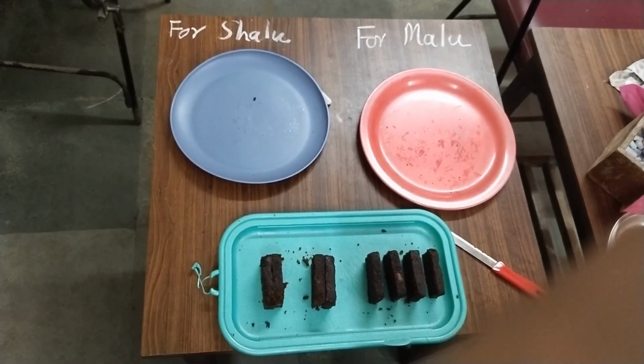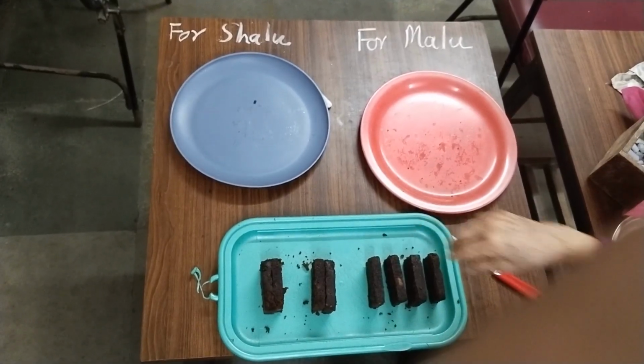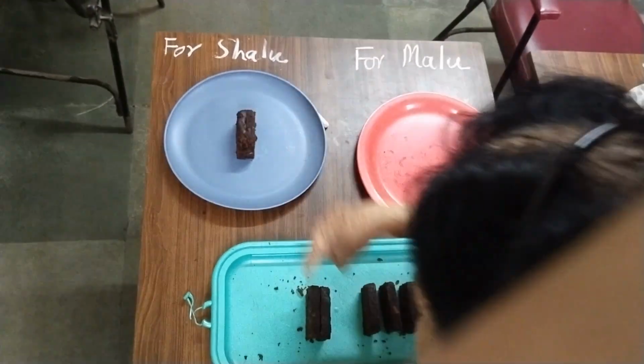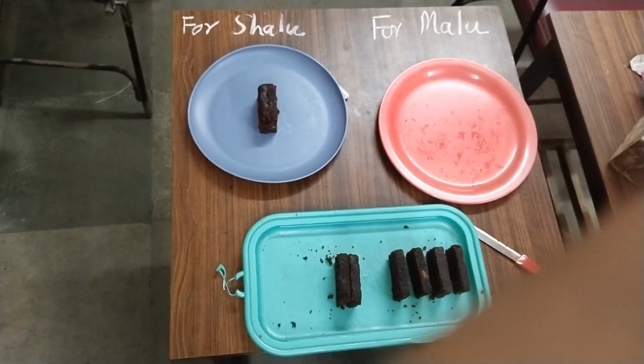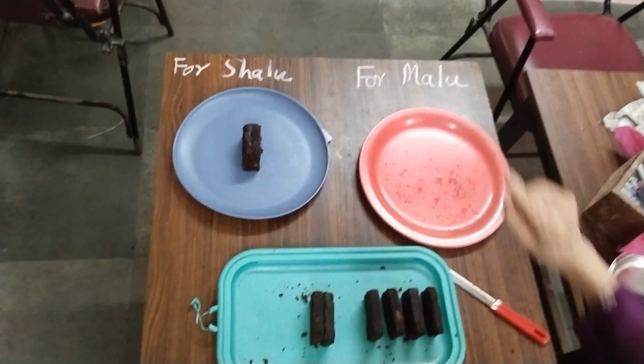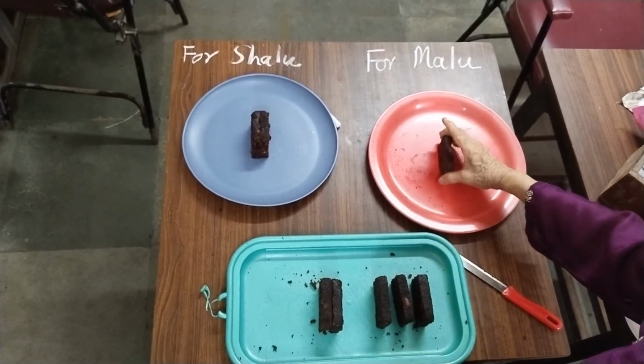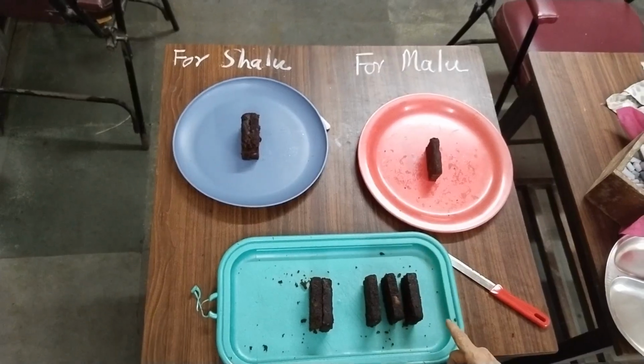Now for Shalu I am going to give 1 part from these 2. In the same fashion, for Malu, I am going to give only 1 part from these 4.